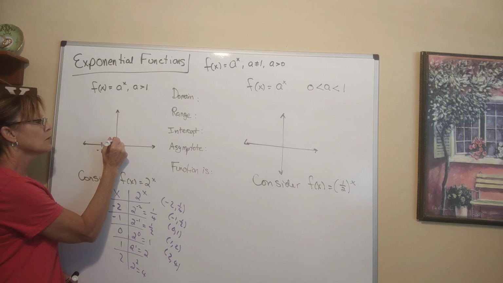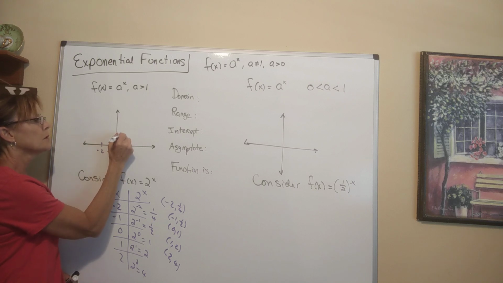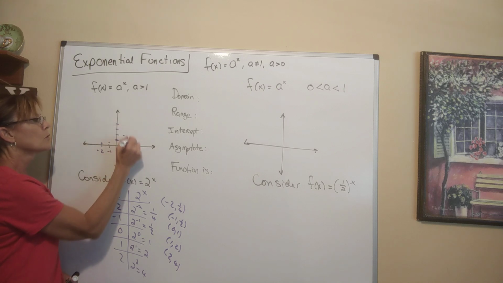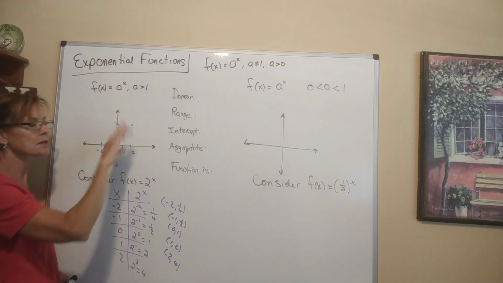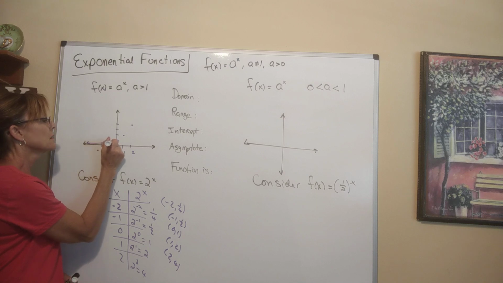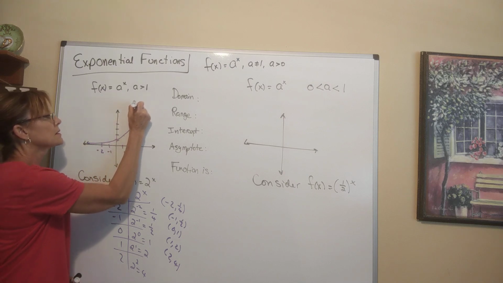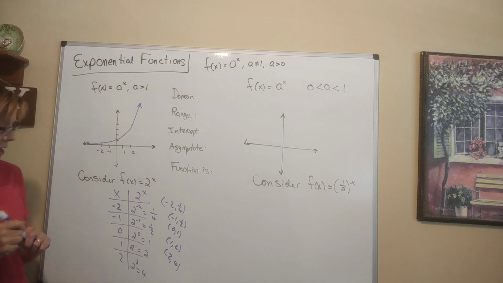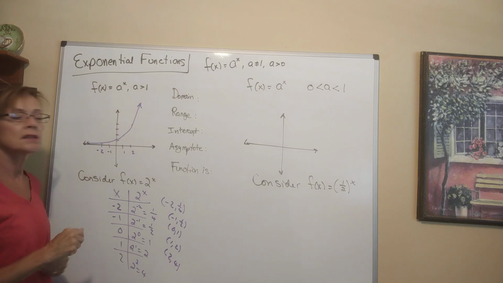When x is 0, we're up at 1. When x is 1, we're up at 2. And when x is 2, we're up at 4. We get these points, and we can just fill in the curve. It hugs the x-axis, and then it begins to increase like this. This is what an exponential function looks like when the base is bigger than 1.